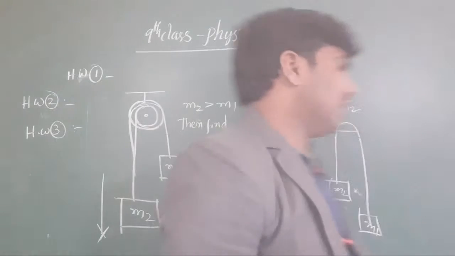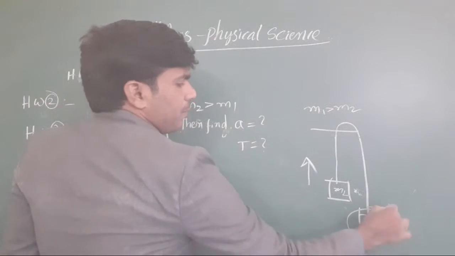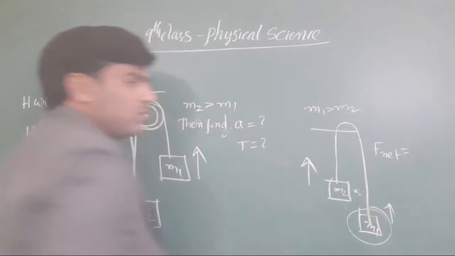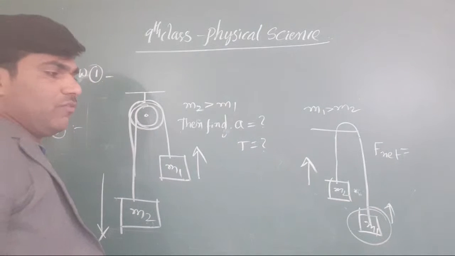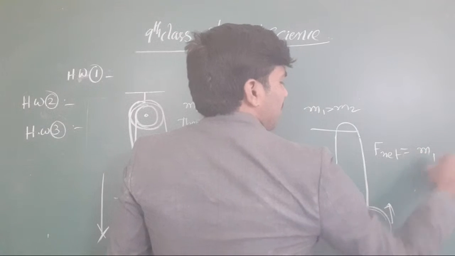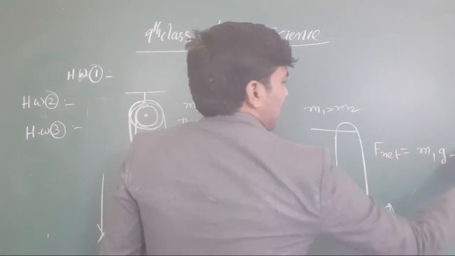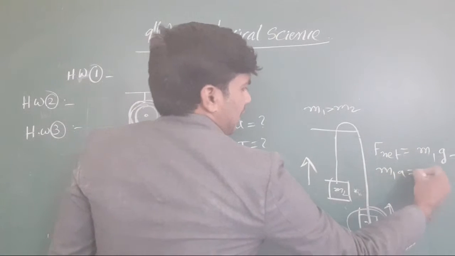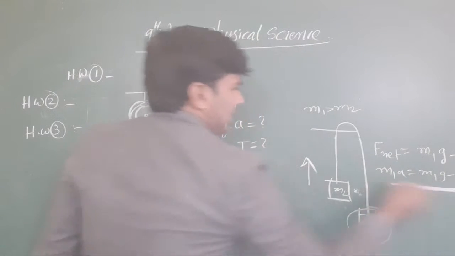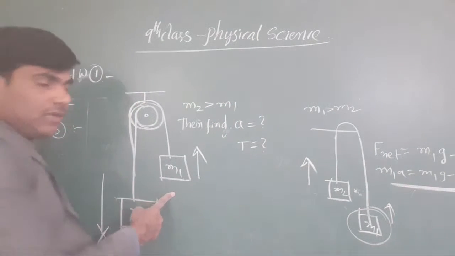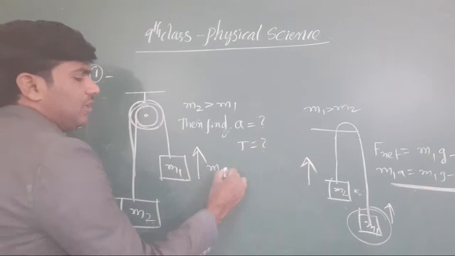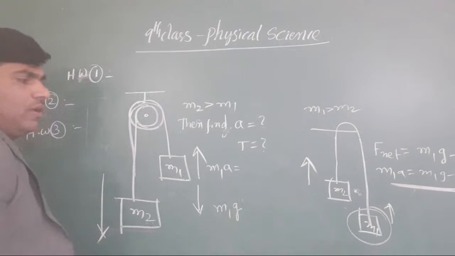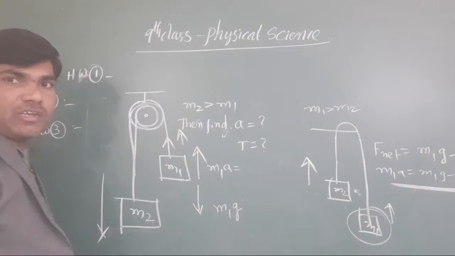Whatever equation we wrote here for M1, F net is equal to M1G minus T, and M1A is equal to M1G minus T. But it is not like that now. Here M1 has acceleration A opposite to the direction of gravitational force, and the tension acts in the upward direction only.